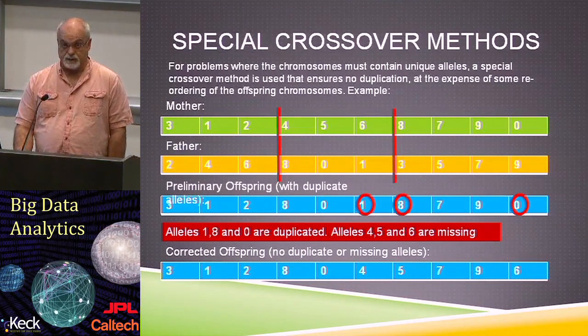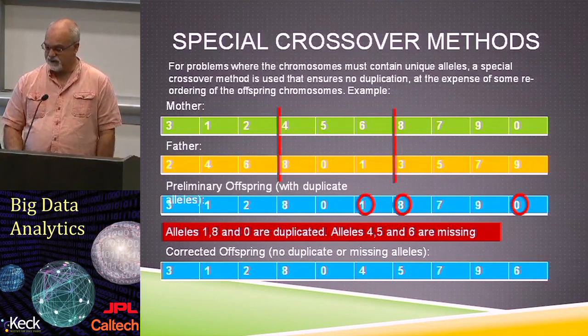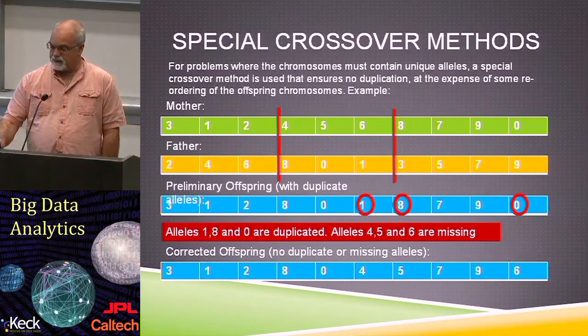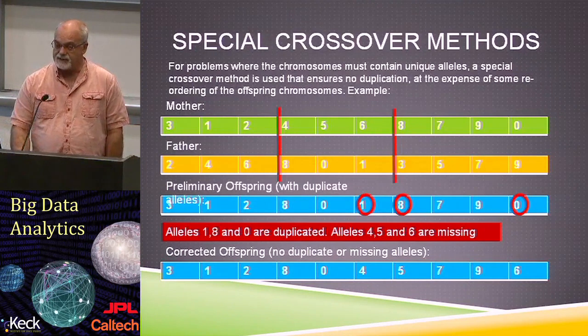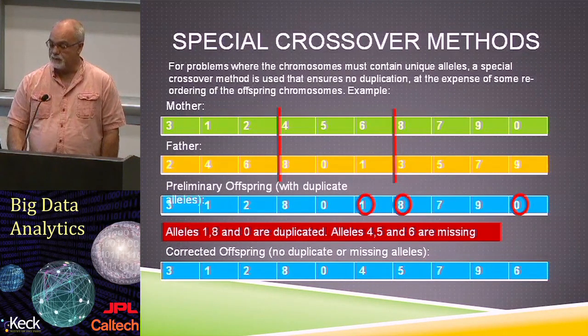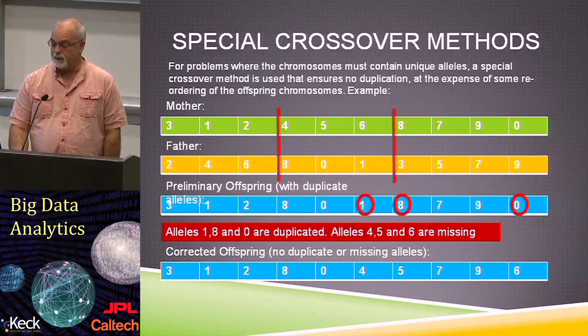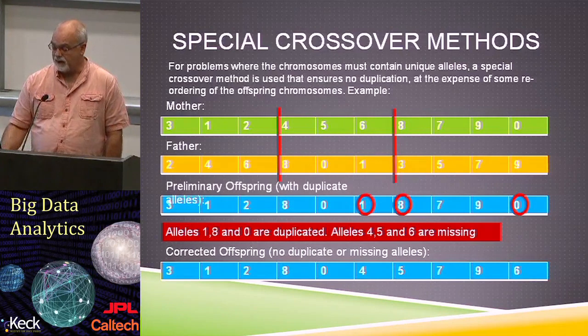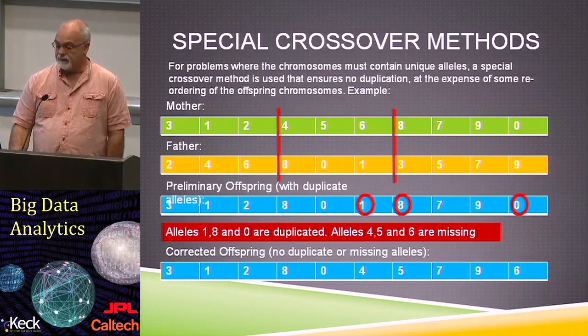That's no good, because the problem dictates that we can't have them. So the way of correcting for that, and this isn't the only way of doing it, is just to look at which genes, which alleles in particular, are missing, and replace them in order in the corrected offspring.